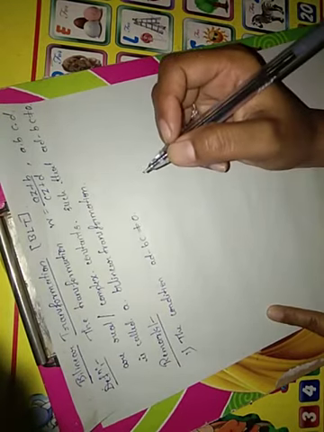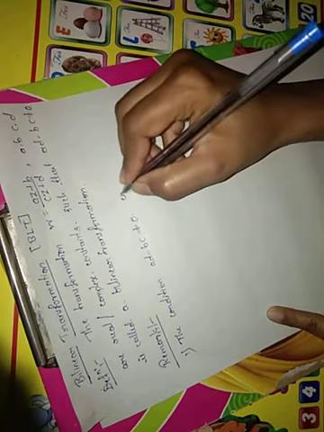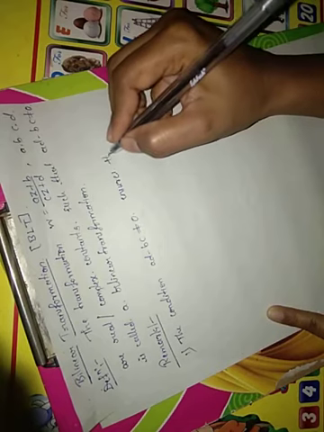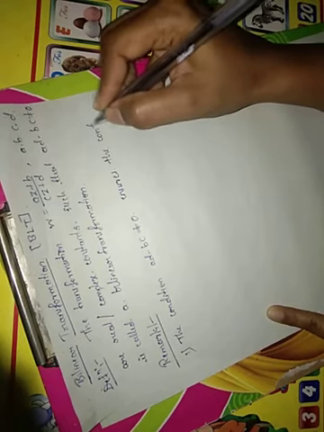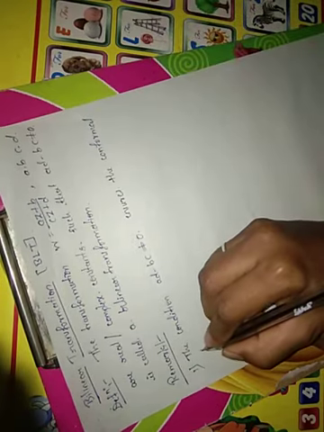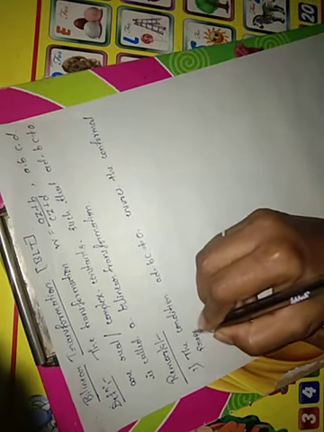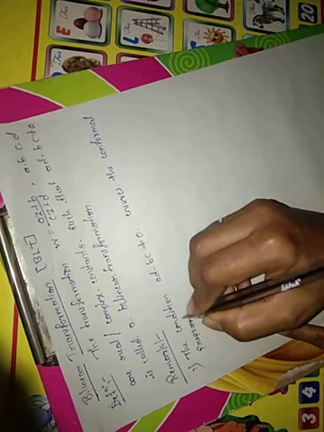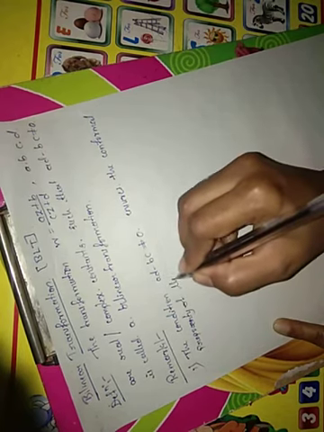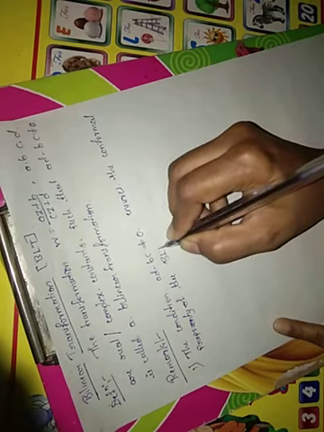This AD minus BC not equal to 0 ensures the conformal property of the bilinear transformation.